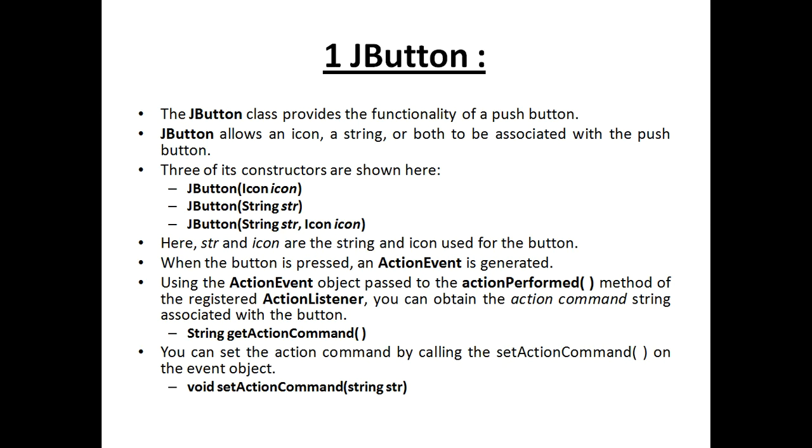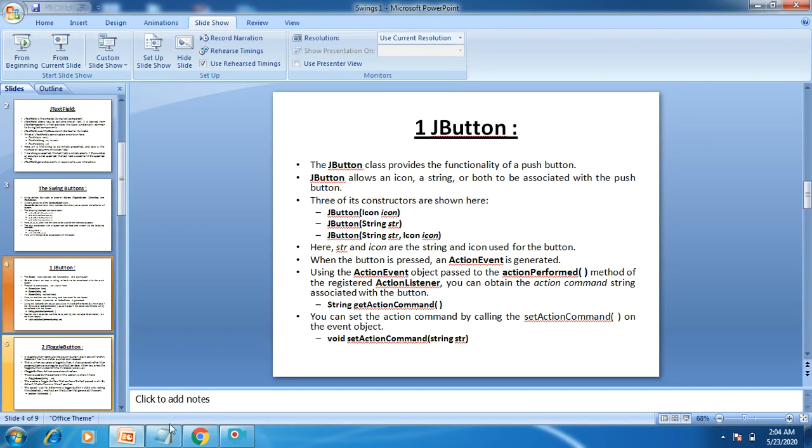You can set the action command by calling setActionCommand, which takes one parameter of type String and returns nothing. We'll see the demonstration of this JButton, then we'll go for the next one.